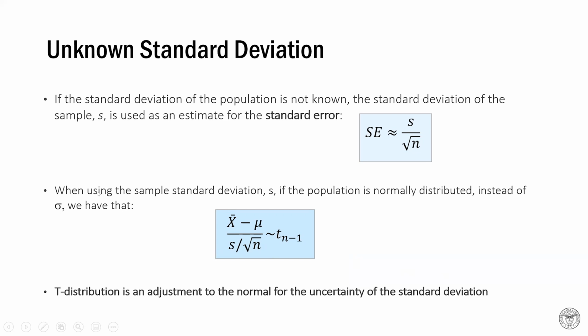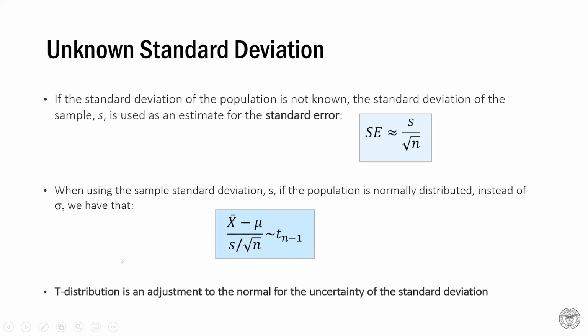Because we do not know the population standard deviation, we do not use the z value anymore, but instead we use the t value associated with a sample size of n, which is given by (x bar minus mu) over (s divided by square root of n) and follows a t distribution with n minus 1 degrees of freedom.